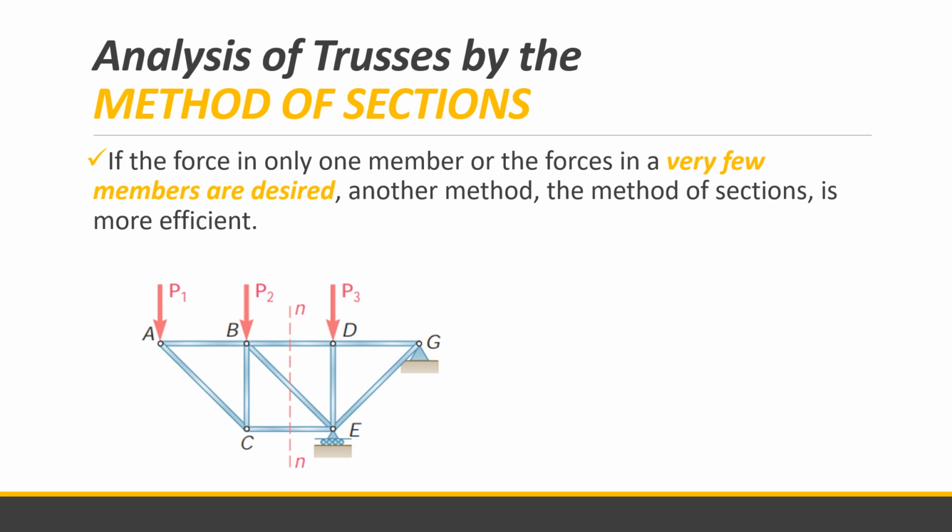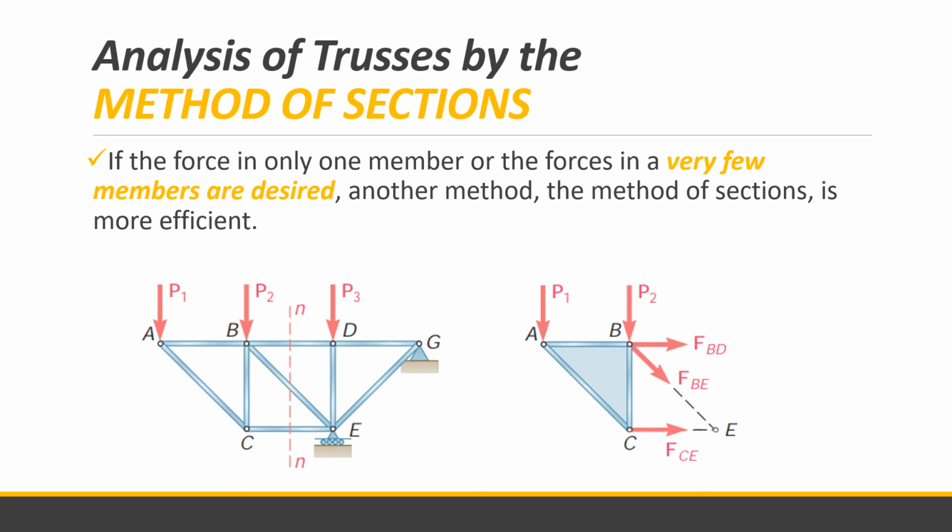In that case, you cut the truss in this section. After cutting, you choose either the left section or the right section. But first, of course, you need to find the reactions before you cut any section. So the first step is the free body diagram. You find the reactions, and then you find the member forces we are looking for.